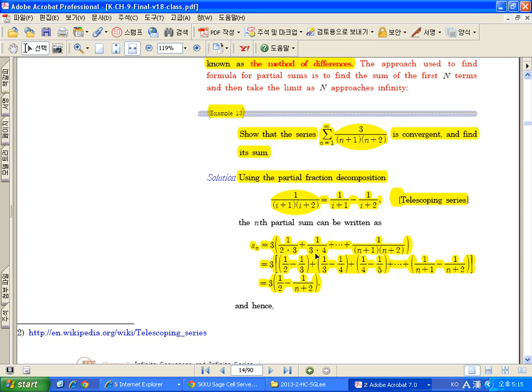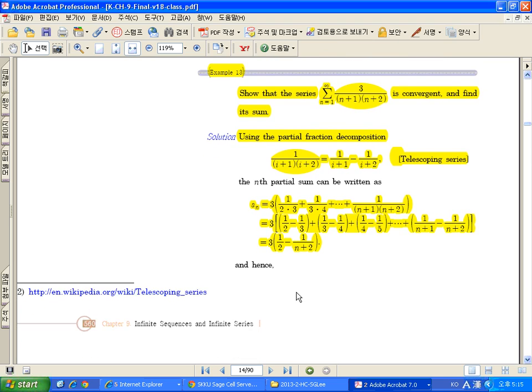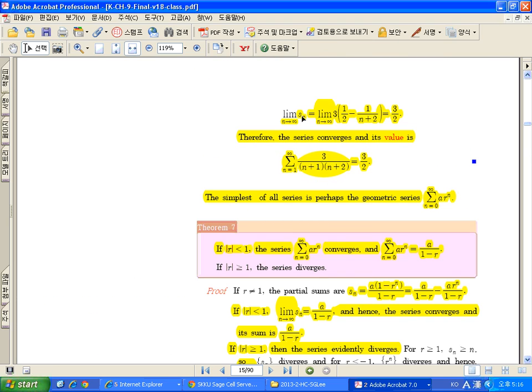In this case, the middle terms cancel like this, don't they? So eventually we have only two terms. Then the limit of Sn can be easily found, because this goes to 0, so we have only 3 over 2 as the limit. Since the limit of Sn does exist, the series converges, and its value is 3 over 2.